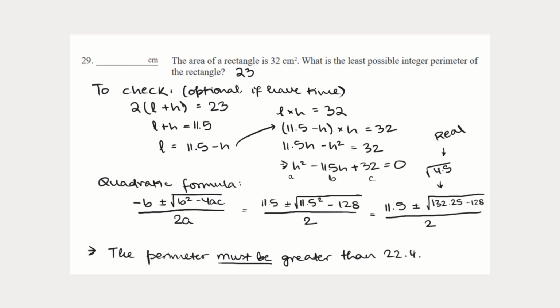If you're not sure what real and imaginary means, real essentially means that everything under the square root, so b squared minus 4ac, is greater than 0, because you can't technically take the square root of a negative number. And it's imaginary if everything under the radical, so b squared minus 4ac, is negative.